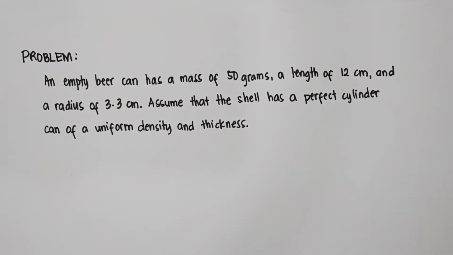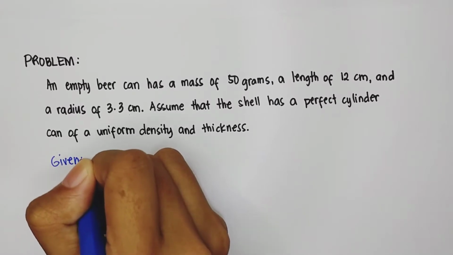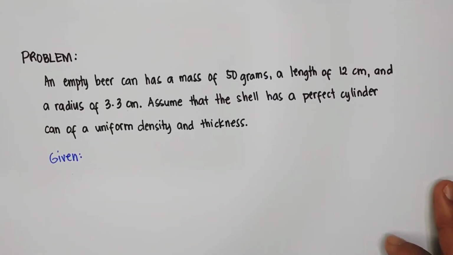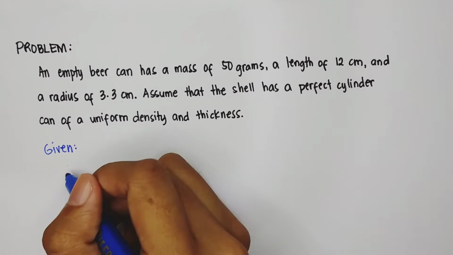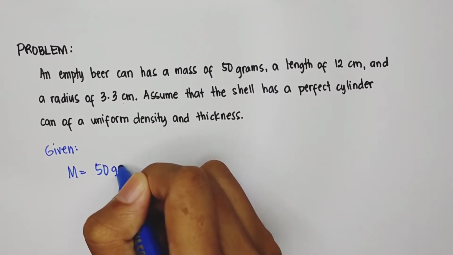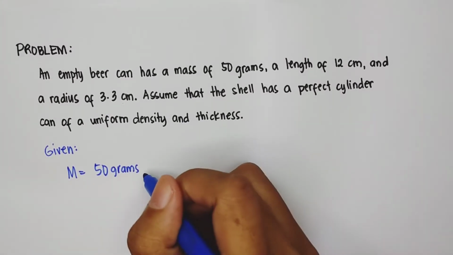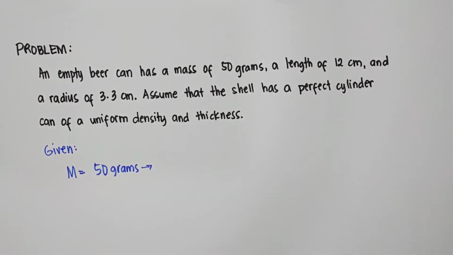First, let's identify our given. So what are our given? We have the mass, which is 50 grams. That is the mass of the beer can. We need to convert this into kilograms.